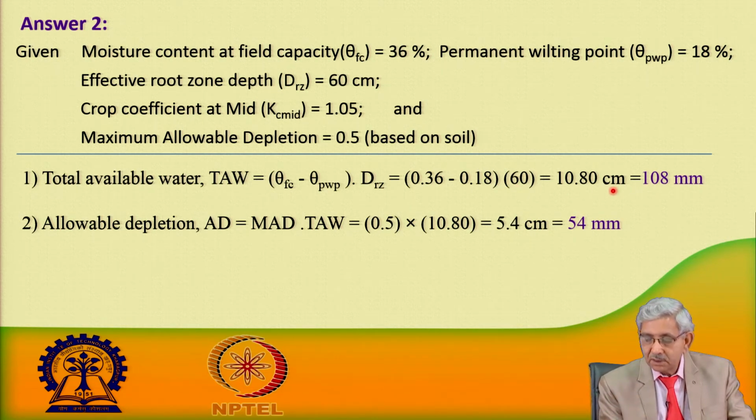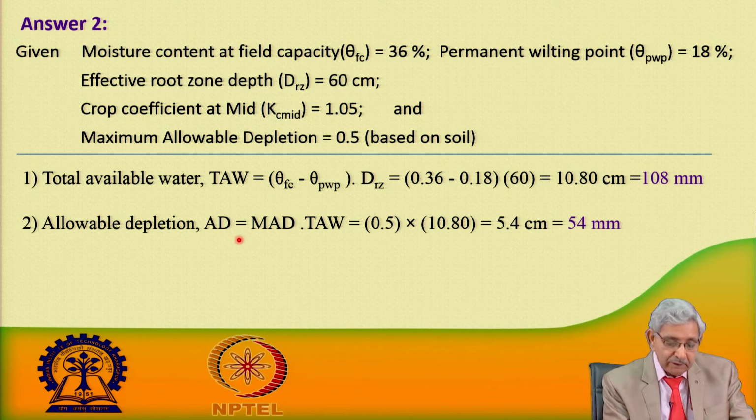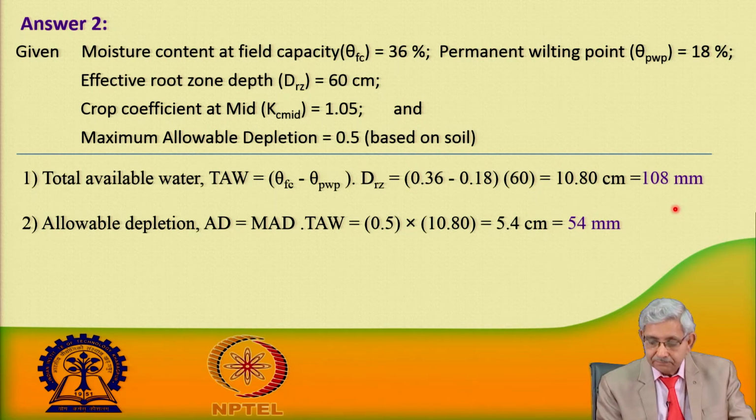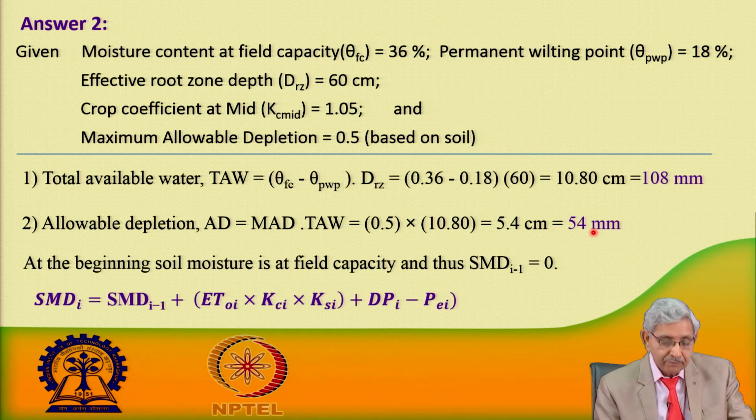So, this is 108 millimeter total available water, and management allowable depletion will be given in terms of allowable deficit, that in terms of depth one can find out. So, 50% of 10.8 centimeter is 5.4. So, 54 millimeter will be the allowable depletion.